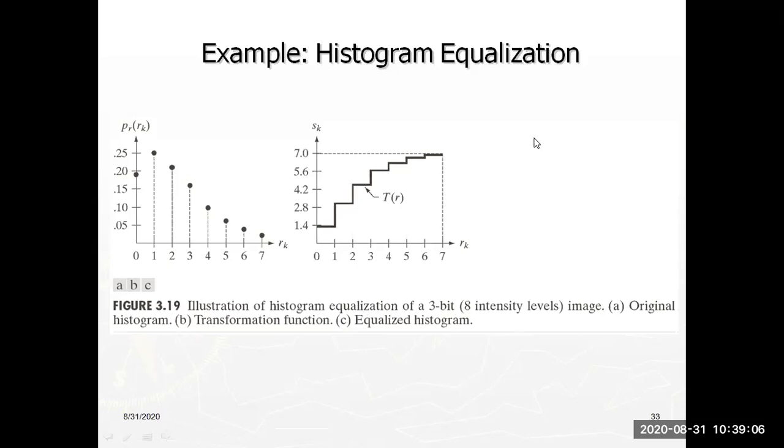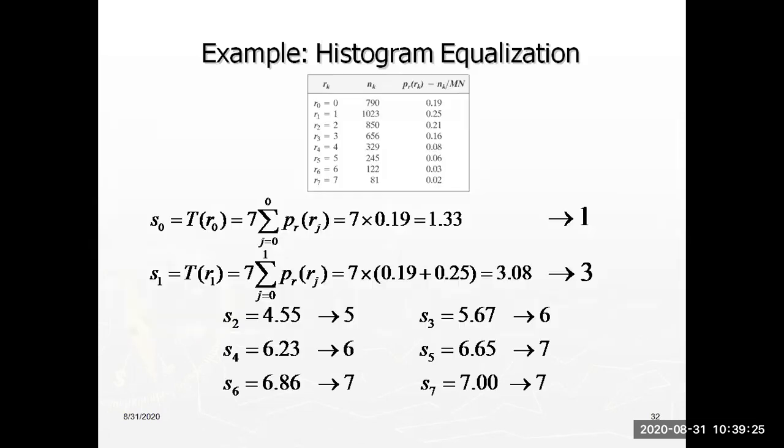And after this, the normalized histogram equalization is represented by PS of SK. Similarly, PR of RK, there is a PS of SK. So in that PS of SK, we are rounding values. We are considering 1, 3, 5, 6, 6, 3, 7.